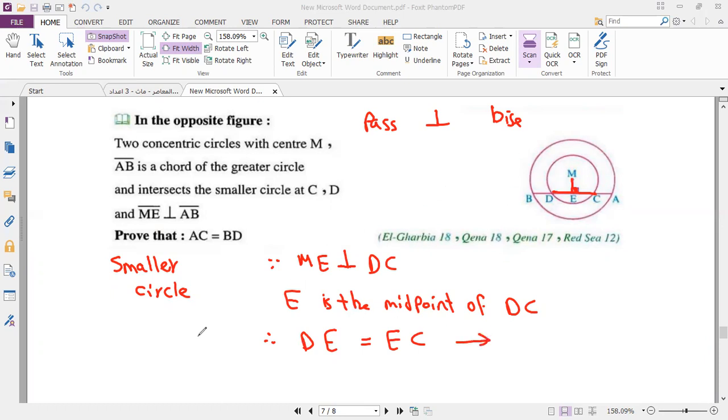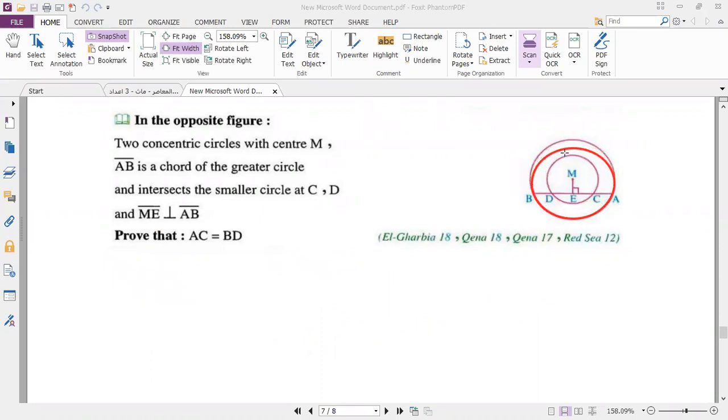And from the larger circle, let's focus on the larger circle only. You will find a straight line here, passing through the center of the circle.